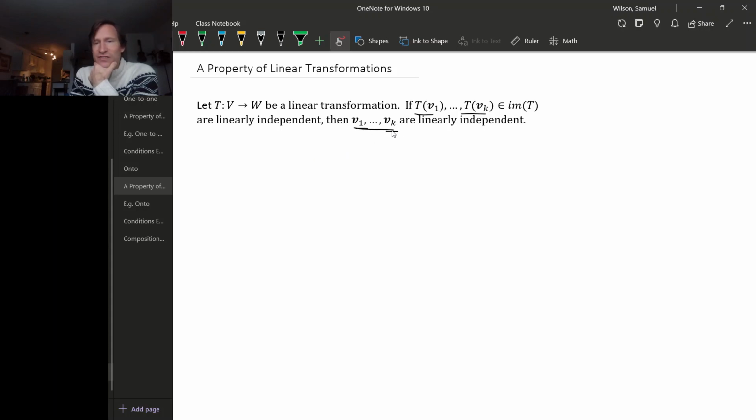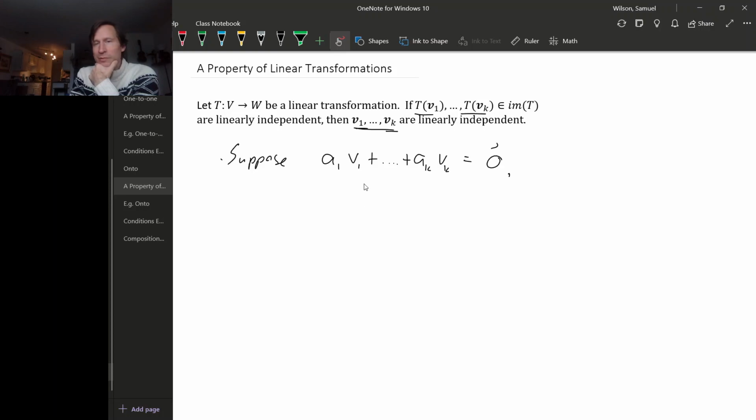How can we show that these vectors are linearly dependent or independent? Well, let's suppose that we have a linear dependence relationship. So suppose a1 v1 plus dot dot dot up to ak vk add up to 0.